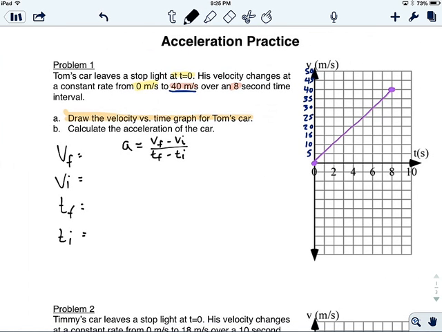So let's look at my final and initial velocity. When I go back up here, I'm going to say that my initial velocity is 0. My final velocity is 40, because I'm starting at 0 meters per second and I'm ending at 40 meters per second. So notice that I put my 0 next to my vi, my 40 next to my vf. Make sure we're not getting initial and final mixed up.